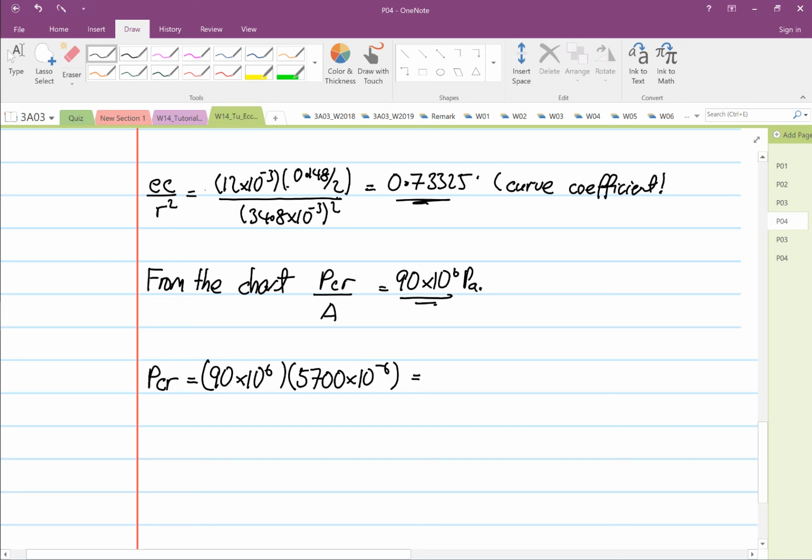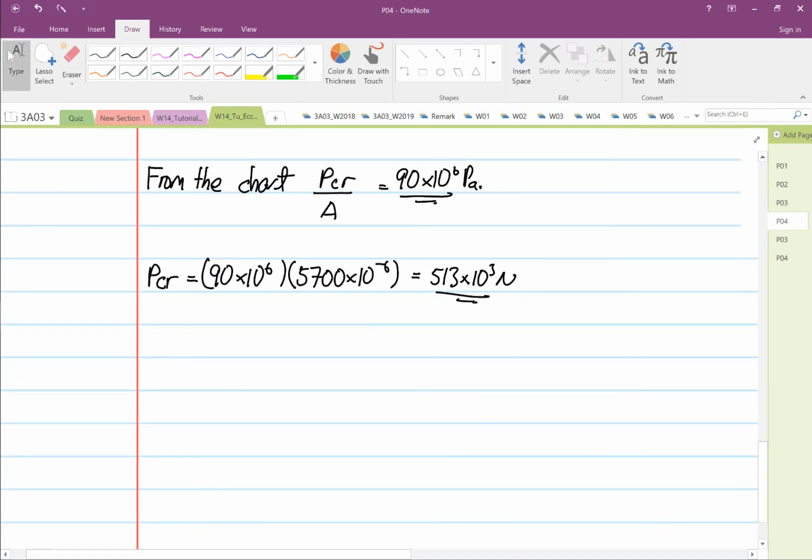So this will be equal to 513 times 10 to the power 3 Newton. So 90 times 10 to the power 6 times 5700 times 10 to the power minus 6 is equal to 513 times 10 to the power 3.